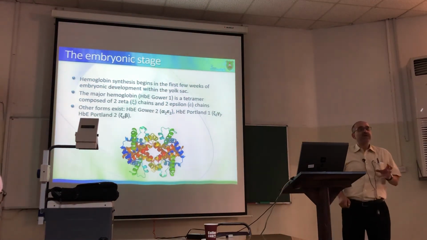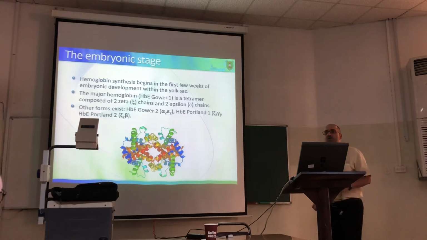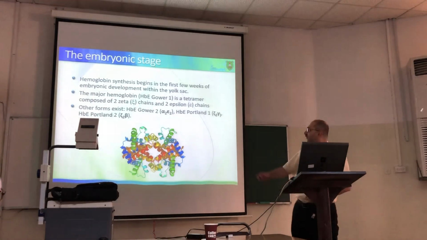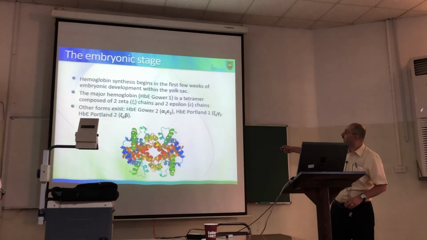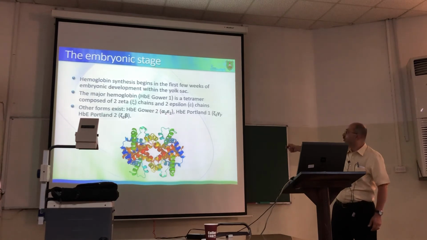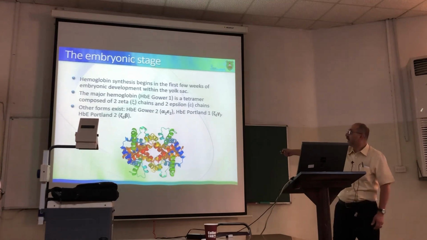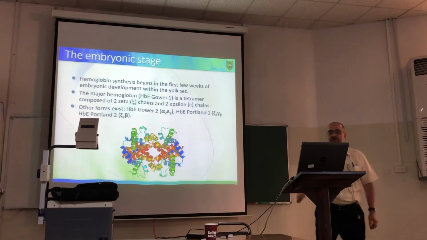But you have also small amount of other hemoglobin molecules known as the following. You have HbE Gower 2, which is made of alpha 2, epsilon 2. You have Hb Portland 1, which is basically zeta 2, gamma 2. And you have Hb Portland 2, that is zeta 2, beta 2.